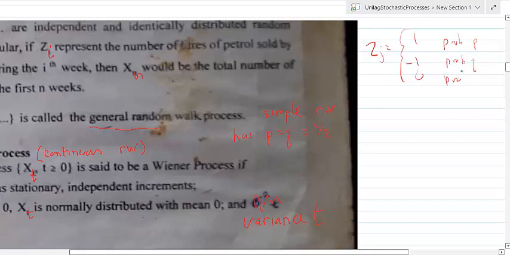That's the distribution. Now, independent means that the probability that zj is equal to, let's say a, given zk equals b, is equal to the probability that zj equals a when j is unequal to k.